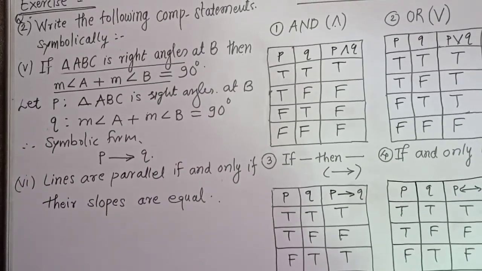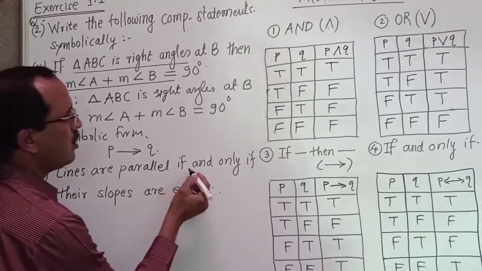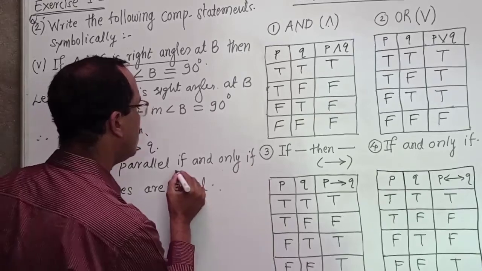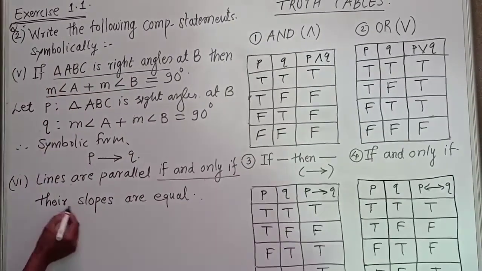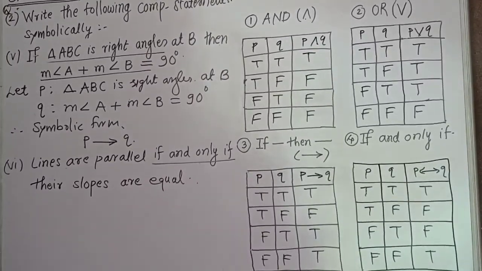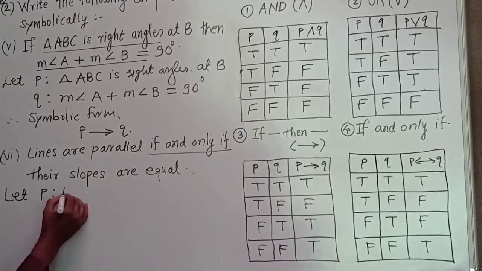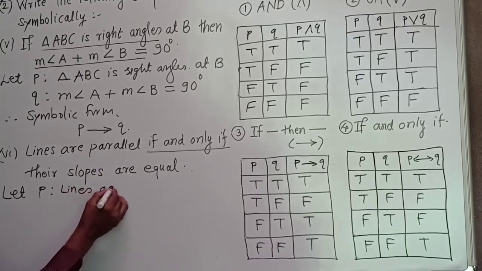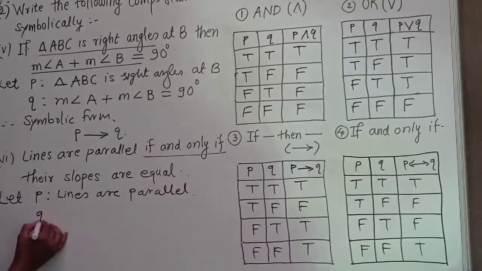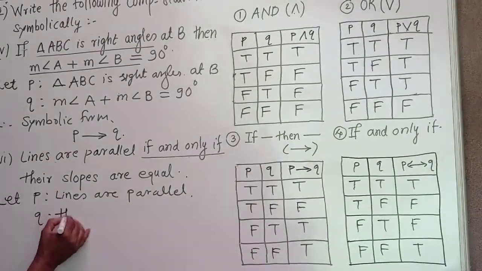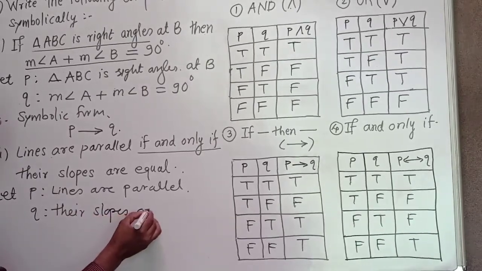Then we consider another example, example number 6. Lines are parallel if and only if their slopes are equal. Here the connective is if and only if. Let P be lines are parallel, and Q statement is their slopes are equal.